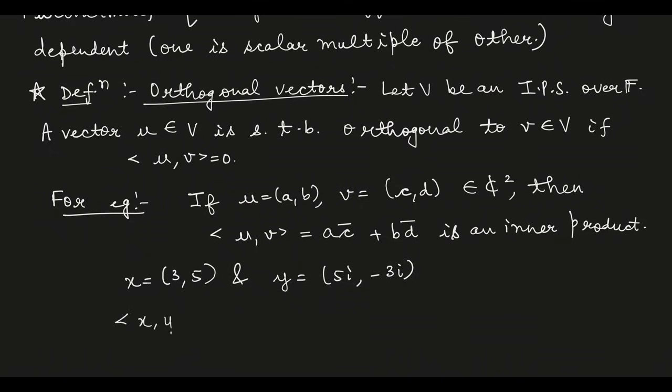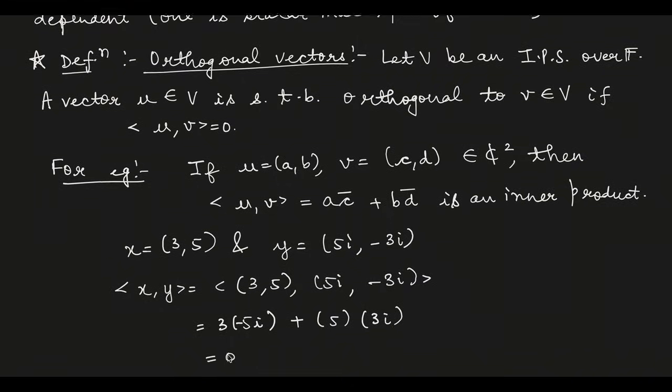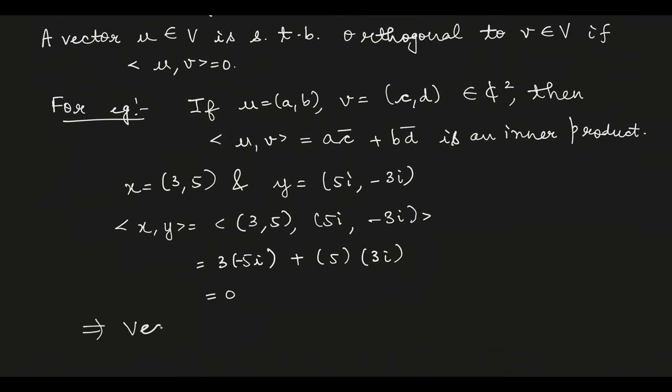Simply take the inner product of x comma y. So this will be 3 into A C conjugate, where A is 3 and C conjugate means minus 5 iota, plus B D conjugate, 3 iota. So this will be 0. This means that vectors x and y are orthogonal to each other.